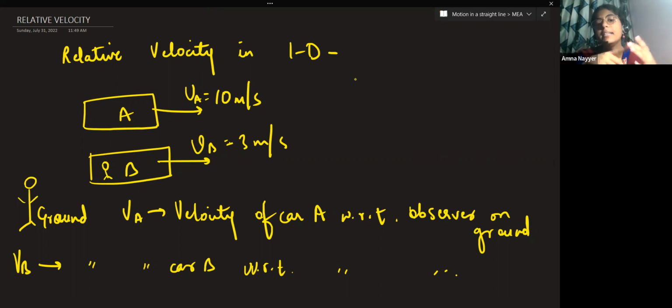So how will we decide the velocity for which both of them will look similar to each other? For a person who is in car B, what is the velocity that A will look like? Just imagine yourself.